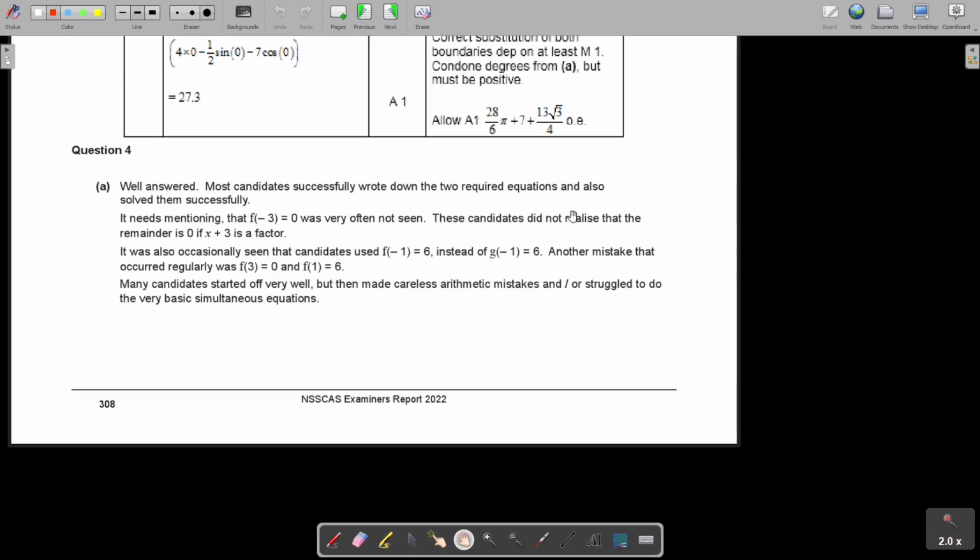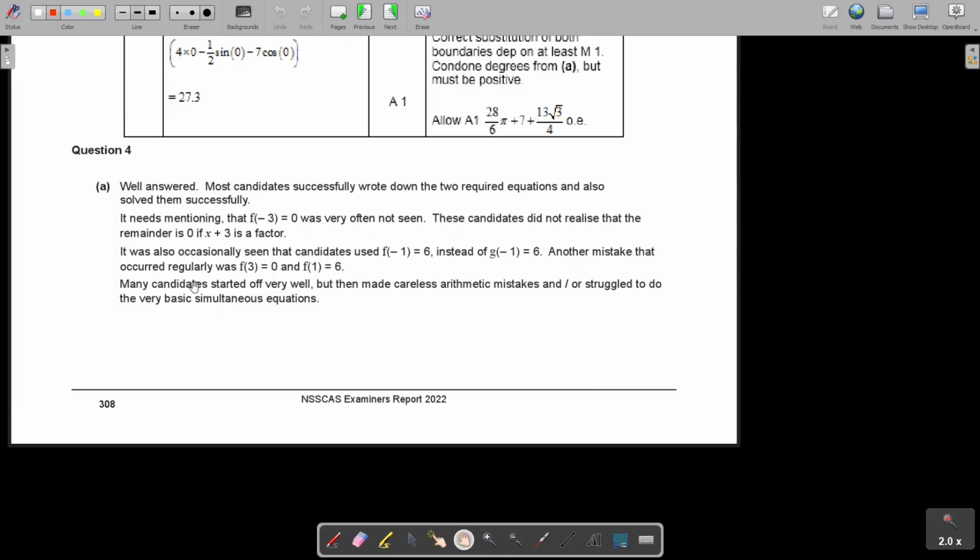These candidates did not realize that the remainder is 0 if (x + 1) is a factor. So as soon as you say it's a factor, it means the remainder is 0. Remember that. It was also occasionally seen that candidates used this equals 6 instead. Okay, it was not f, it was g.